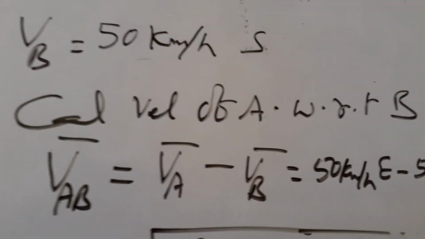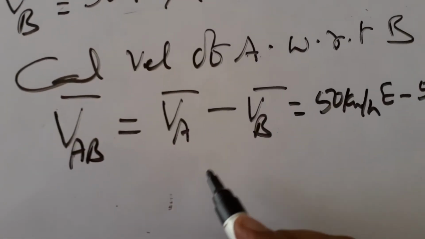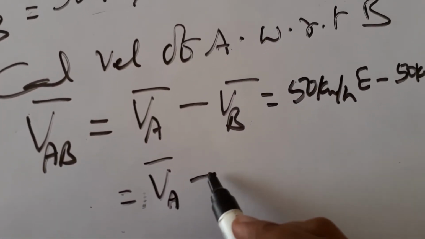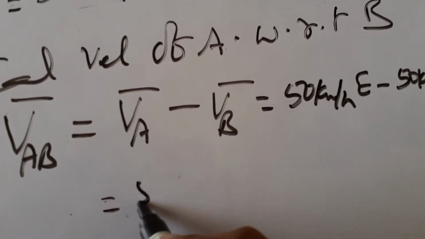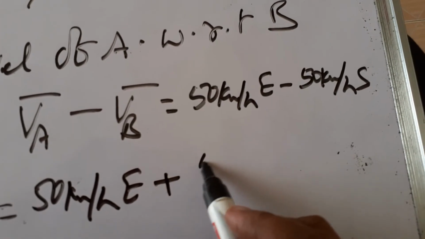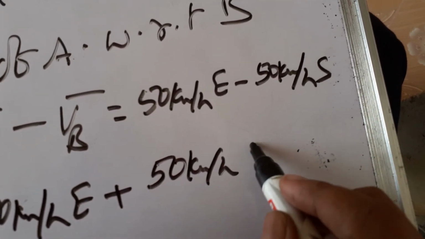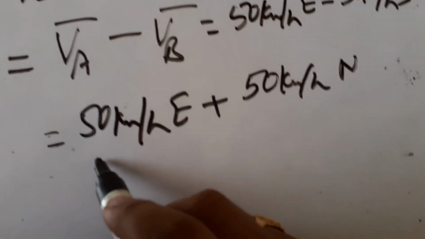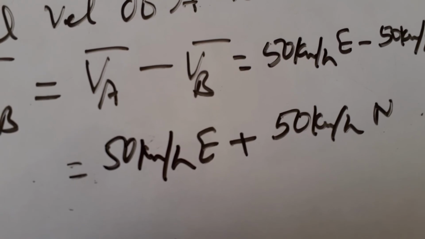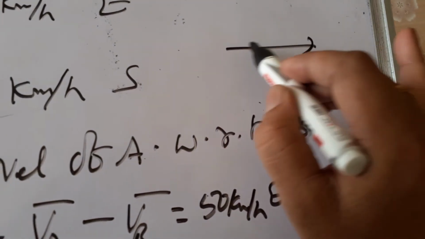Subtraction of two vectors is nothing but addition with reverse direction. So VA bar plus, that means 50 kilometer per hour east plus 50 kilometer per hour south reversed becomes north. So now 50 kilometer per hour east and 50 kilometer per hour north are there. Construct a parallelogram, east to north.